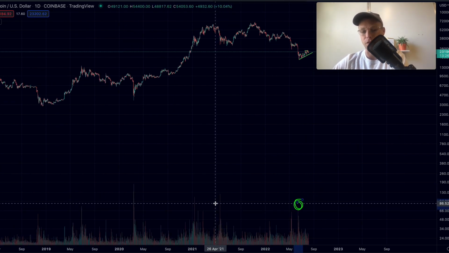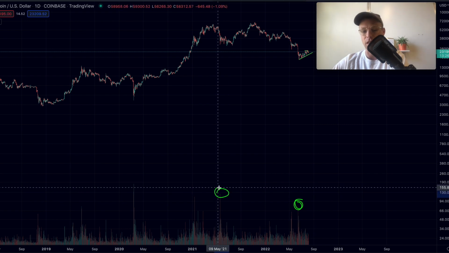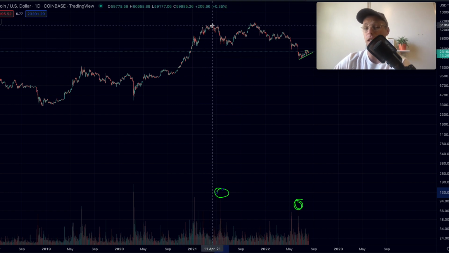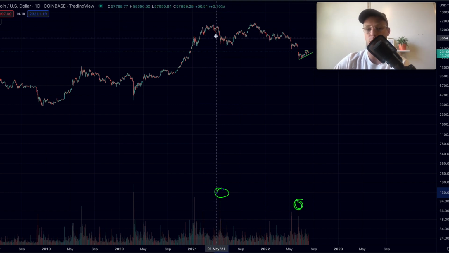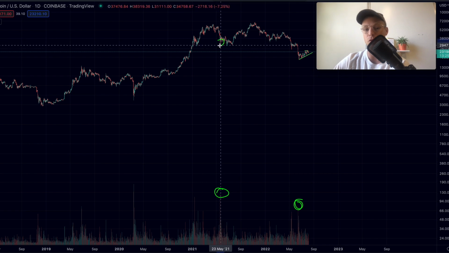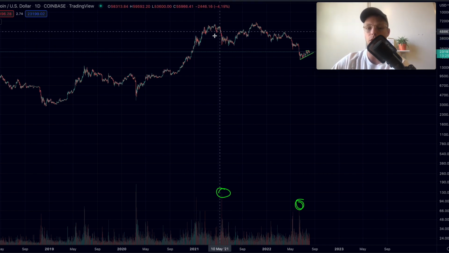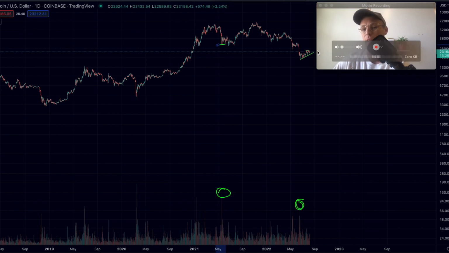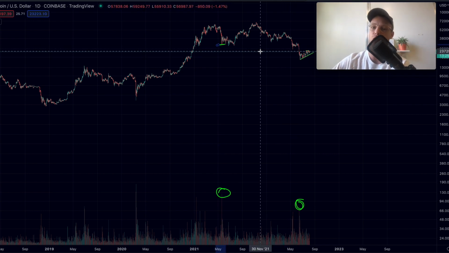The last time we have seen that volume around these levels was right here, when we dropped to roughly 30,000 US dollars after we topped over 60,000 US dollars. This was a big capitulation event, and you can see that that bottom, that low, hasn't really been surpassed. Now it was, but not in a shorter term time frame.